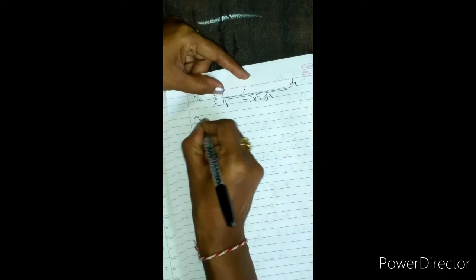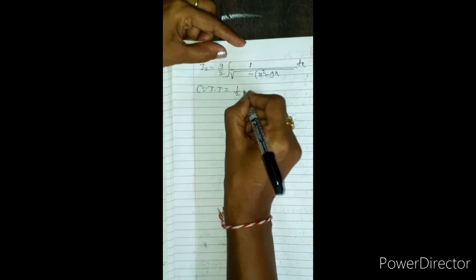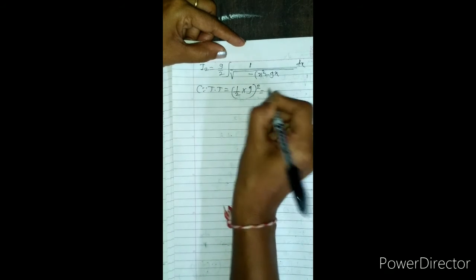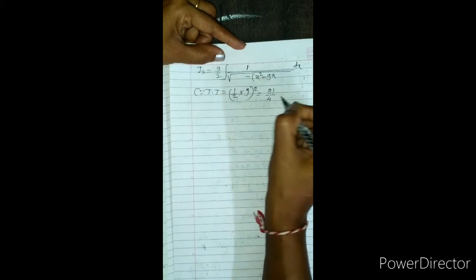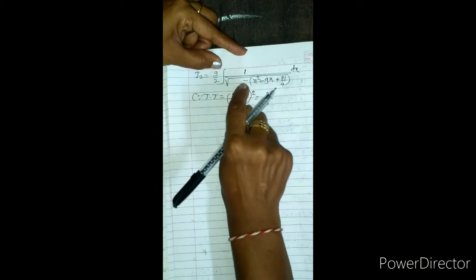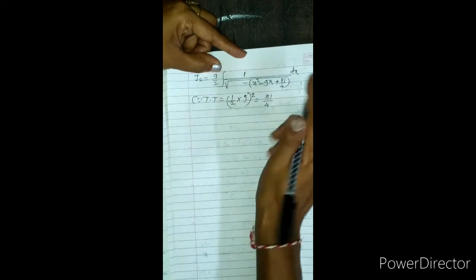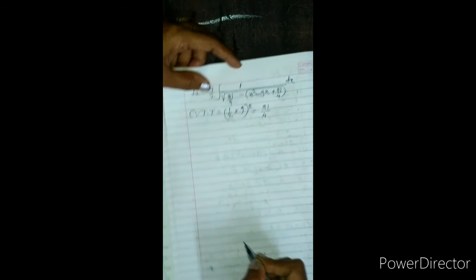So for the addition of the third term, we find it by taking half into the coefficient of the middle term and taking its square, which is equal to 9 by 2 square, meaning 81 by 4. So that can be added here. But due to this minus, its meaning becomes negative, meaning we can subtract 81 by 4. So here we take the addition of that 81 by 4, which is under the root sign.